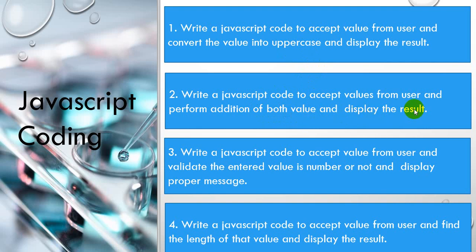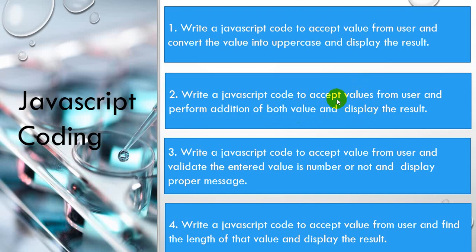So in this question first we will declare two variables, one variable for taking input from the user, and the second variable for taking another input from the user, and then we perform addition and display the result of addition of both numbers. So basically in this question we will take three variables, two variables for two values, and the third variable will display the result.